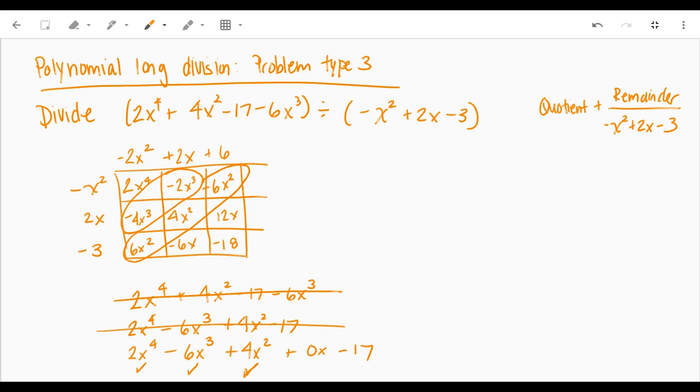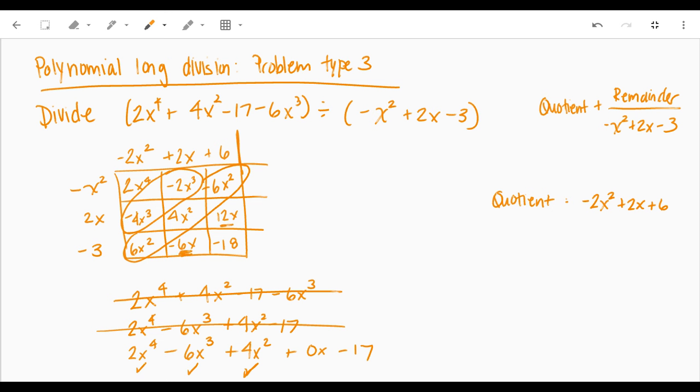Now we're getting into our remainder. So we have reached the ones place there, so anything left that I still need is my remainder. This is my quotient: negative 2x squared plus 2x plus 6. So my remainder: I have a negative 6x and a positive 12x.